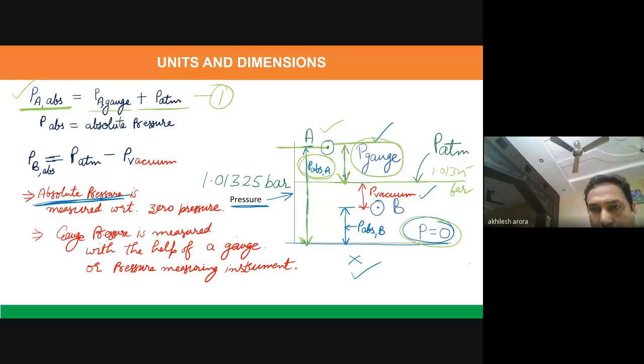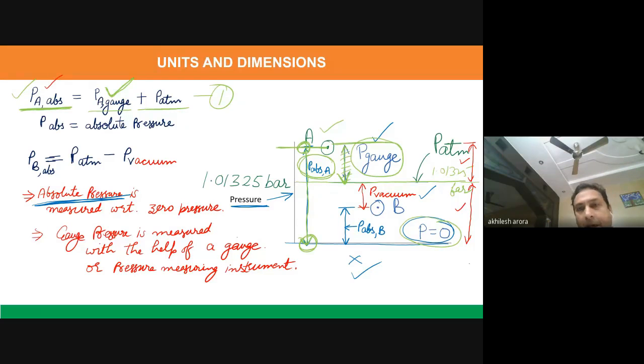This is the absolute pressure at point A, and it is equal to the sum of the gauge pressure at A, which is this value with reference to the atmospheric pressure, plus the atmospheric pressure. So the sum of atmospheric pressure and gauge pressure gives us the absolute pressure at point A.